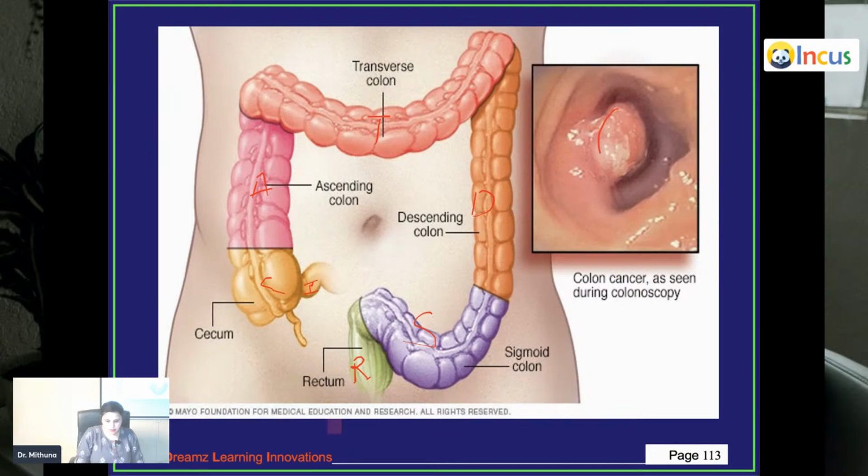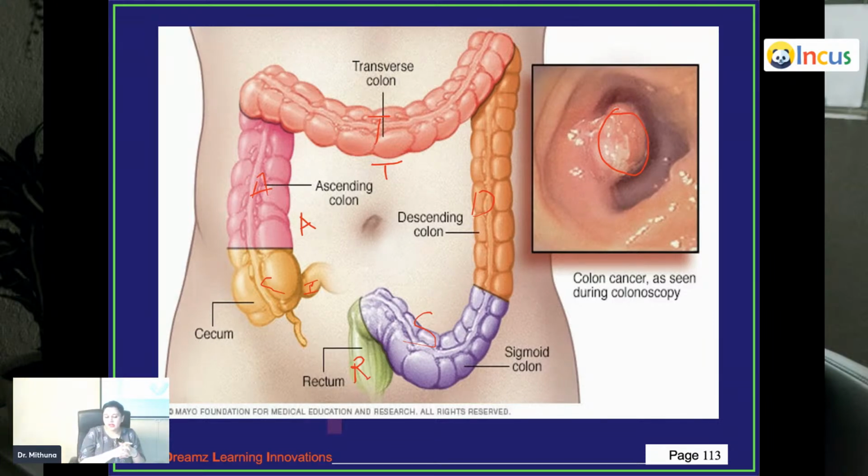As you can see here, this is the colon cancer. This is your transverse colon here. This is your ascending colon. And that side is on your right side. So right side, and now we're coming to the left side. First you have your ileum opening into the cecum here.